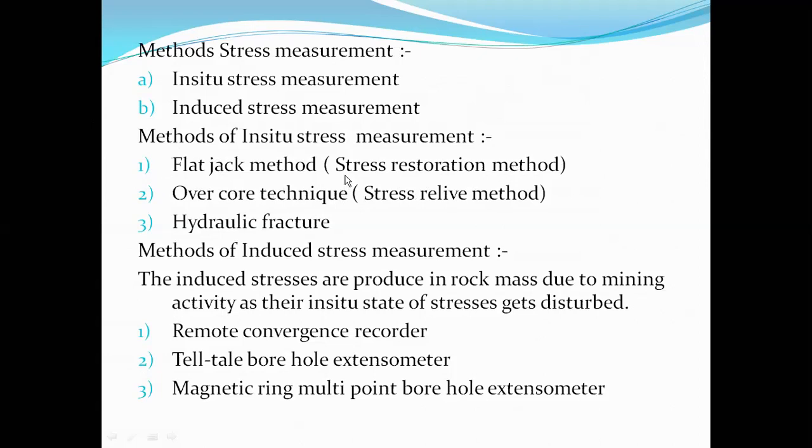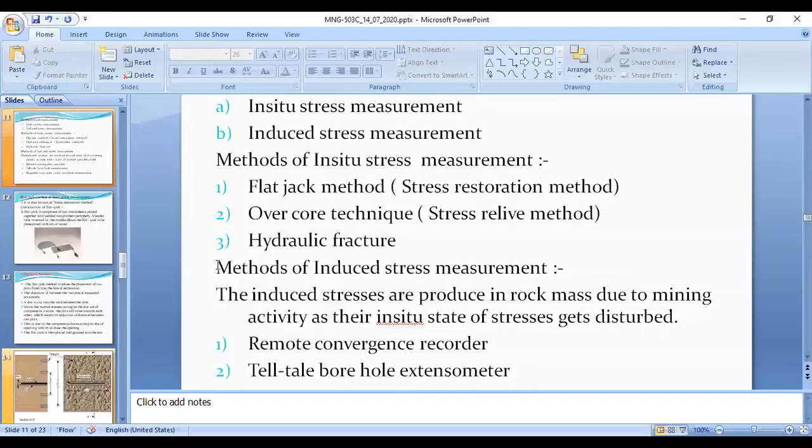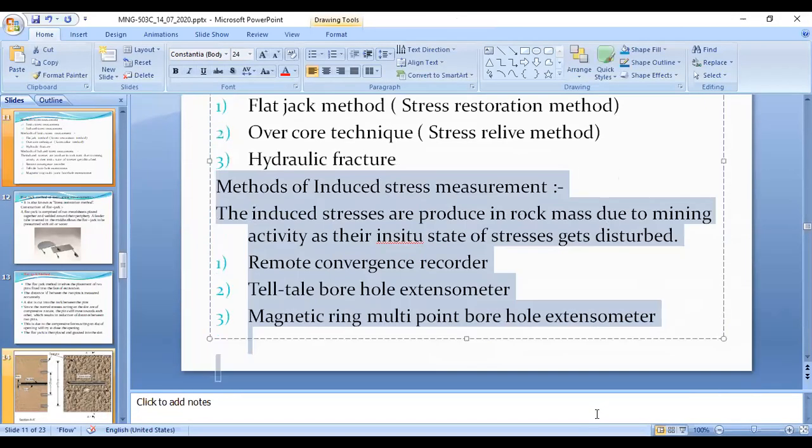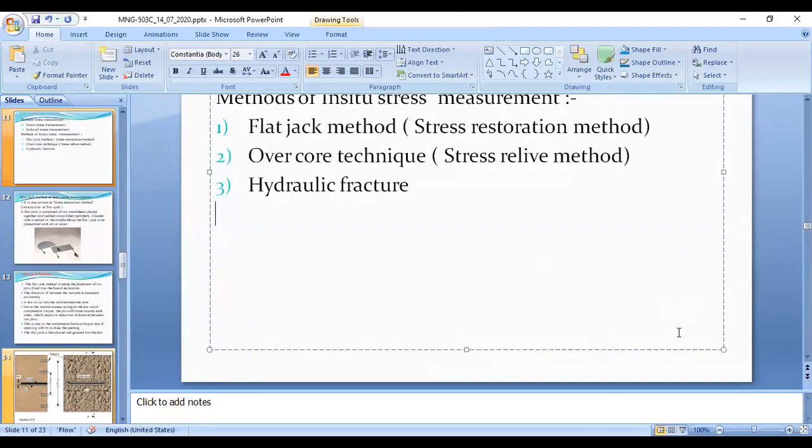I'll explain why it is called the stress restoration method while explaining this topic. Next is the overcore technique, also known as the stress relief method. And the last one under in situ stress measurement is the hydraulic fracture method. These I'll discuss as part of the next video lecture, so let me remove them because I'm not going to cover them here.